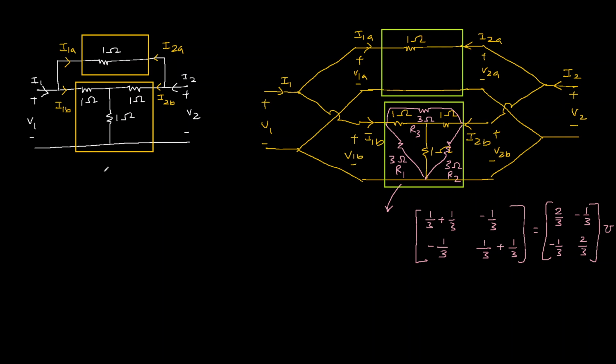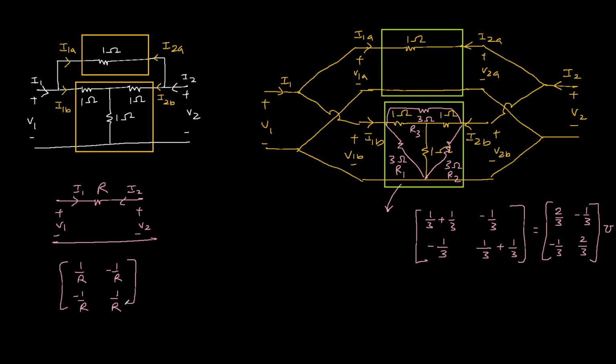And for the top network, we already did this in the lecture of Y parameter: if we have the resistance R like this, then its Y parameters are 1 over R, minus 1 over R, minus 1 over R and 1 over R. So if R is 1 ohm, then the Y parameters are 1, minus 1, minus 1 and 1.